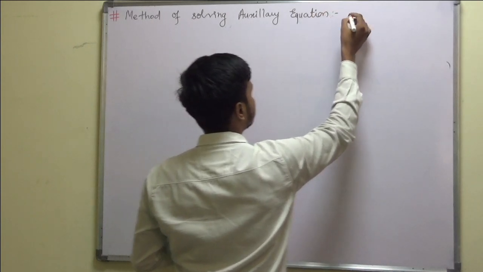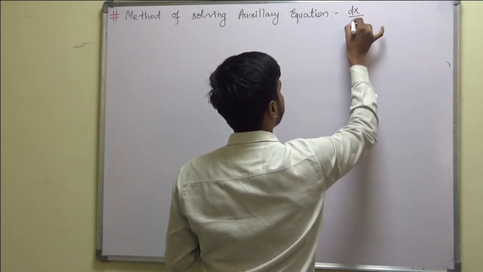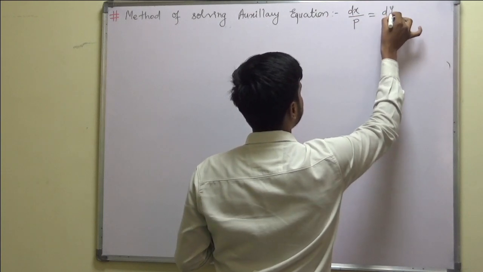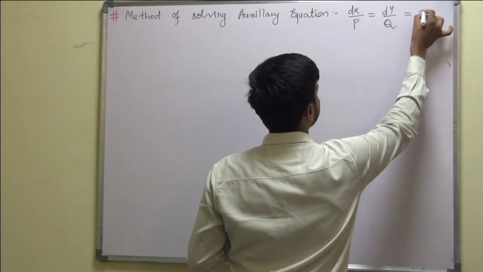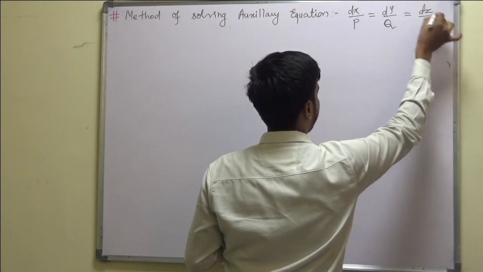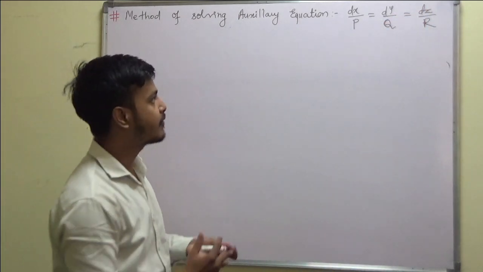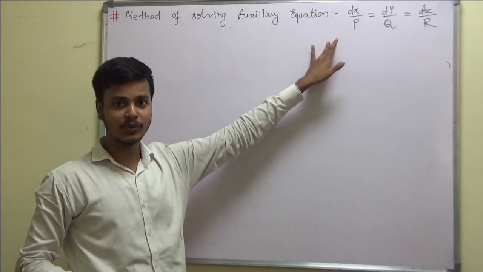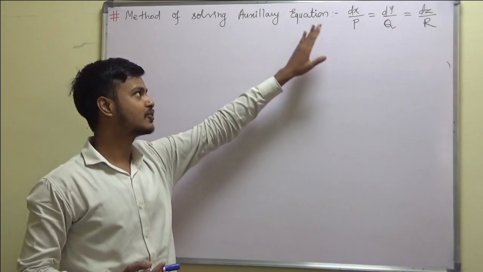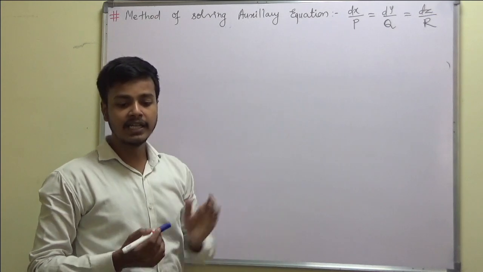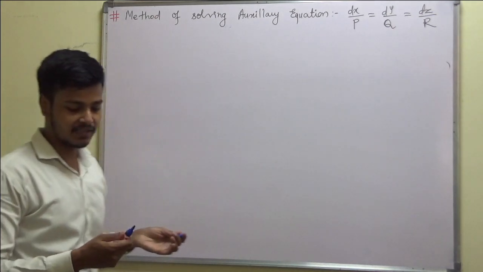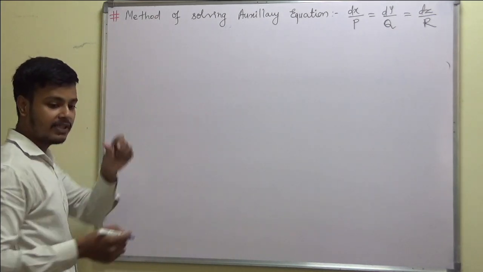The auxiliary equation is dx by P equals dy by Q equals dz by R. We have this auxiliary equation and we have to solve it to get the solution. But the question is how to solve it. To solve this equation we have three different types of methods.